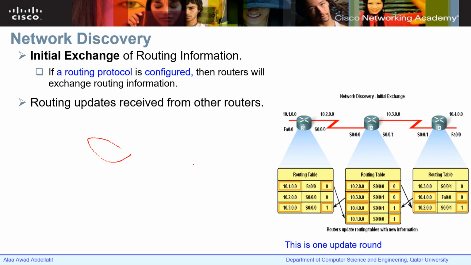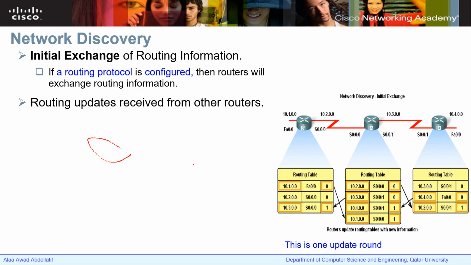For R2, it will collect two new pieces of information. It already knows 2 and 3, but from R1, it can connect to 10.1 through router R1 through one hop, and from R3, it can reach 10.4. It will collect these updates from R3 and R1, so it will add the other two new IPs. R3 will receive from R2 that there is 10.4.